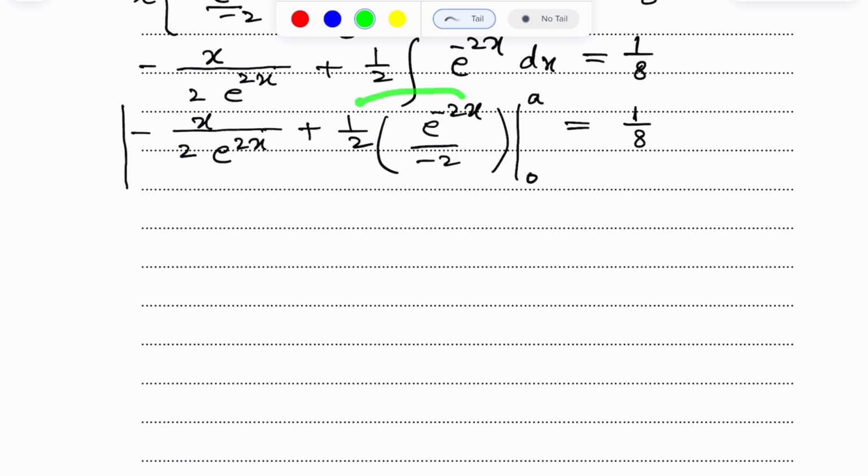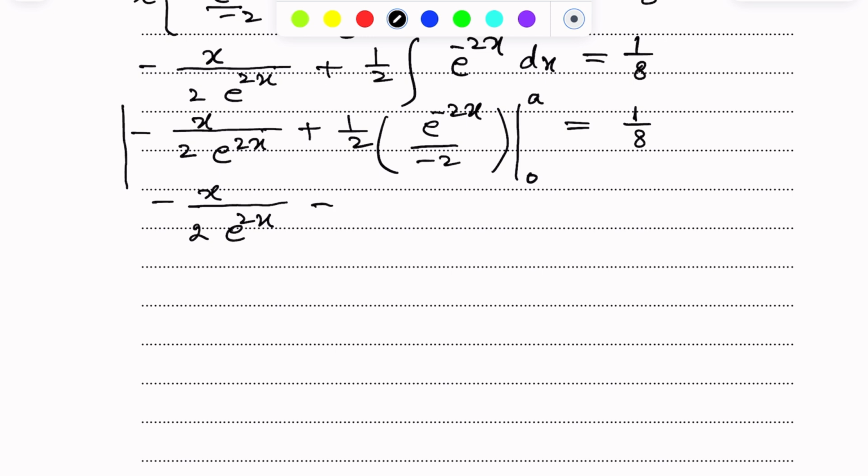Setting this term, minus x over 2 e power 2x minus 1 over 4 e power 2x, with limit 0 to a is equal to 1 over 8.